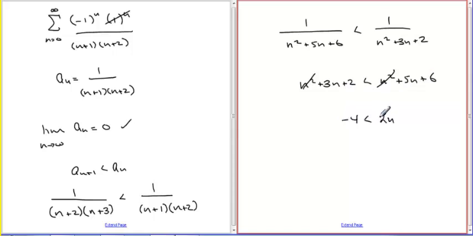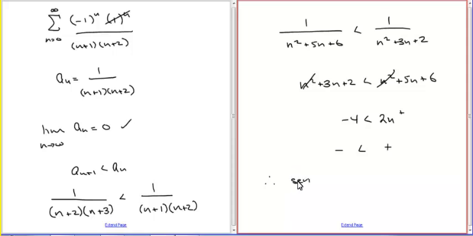And since n is always positive, this is going to be positive and this is going to be negative, so just based on the sign, we know that this is going to be greater than that. We don't look at absolute value. So therefore, this series converges.